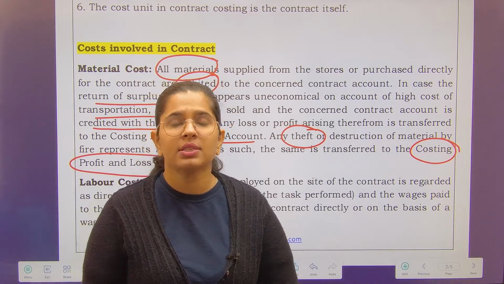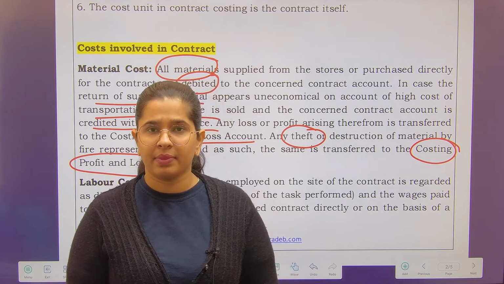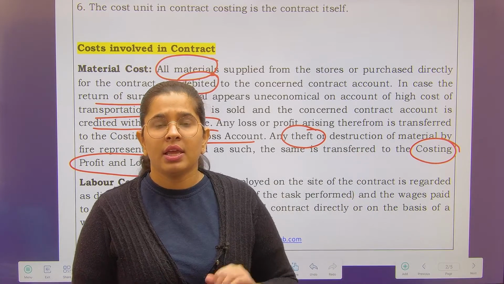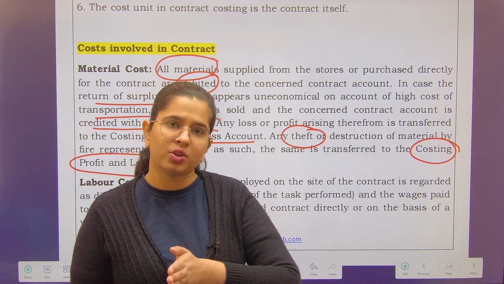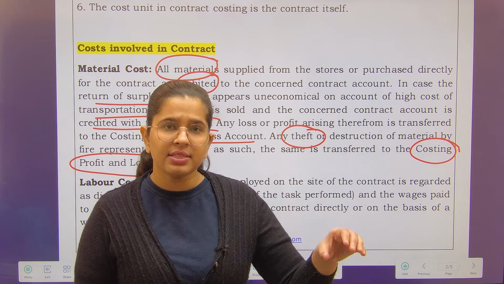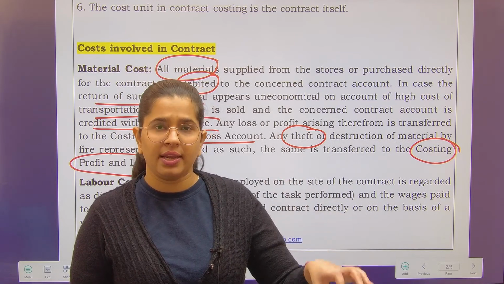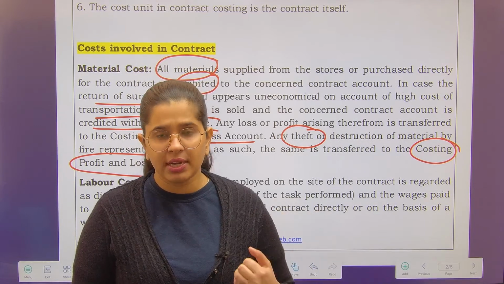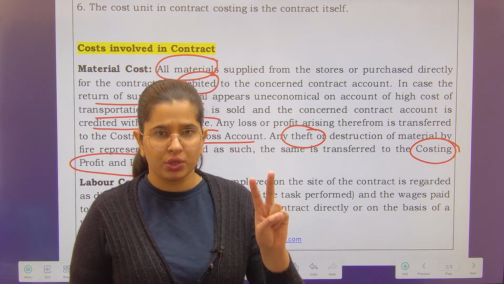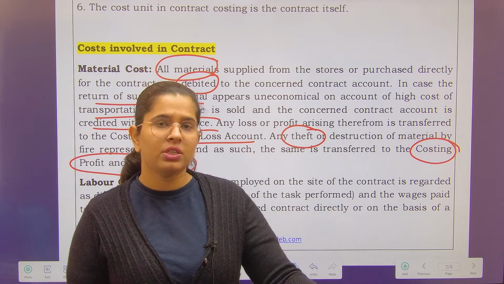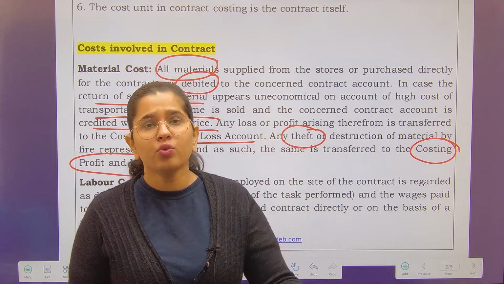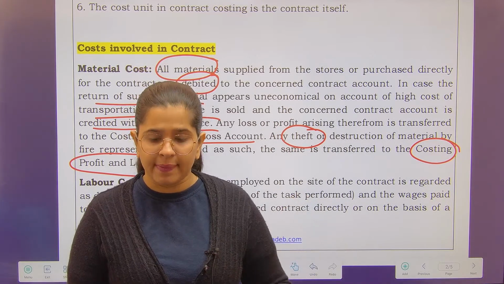Sometimes what happens is, suppose we are building a highway. I have brought some raw material. Now that raw material has already been applied and there is some part of raw material which has been left. This is not useful for me now. Now I have two options, either to transport this raw material back to the location or to sell it.